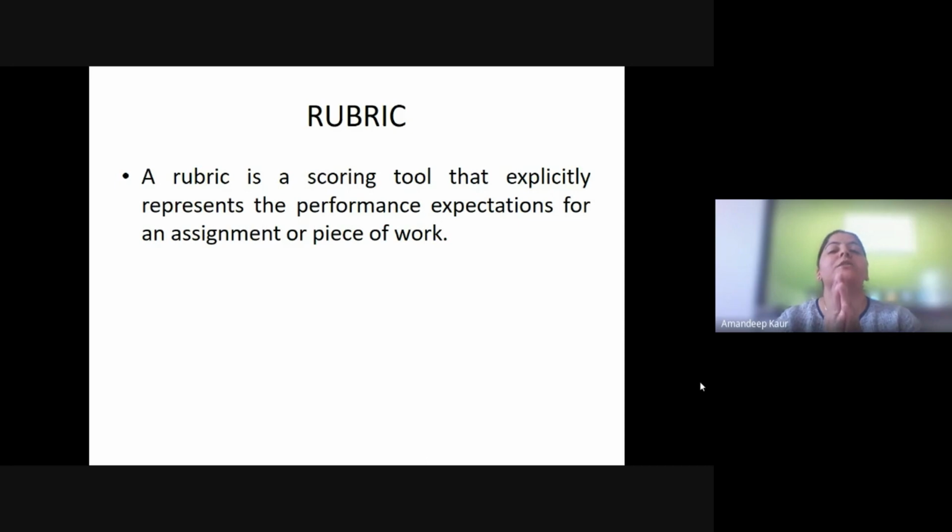So rubric is a scoring tool that explicitly represent the performance expectations for an assignment or piece of work. So there is a subjective term, that is performance expectations. So at departmental level, for a given activity, if there are 10 different faculty members available, there may be 20 different performance expectations related to that particular activity.